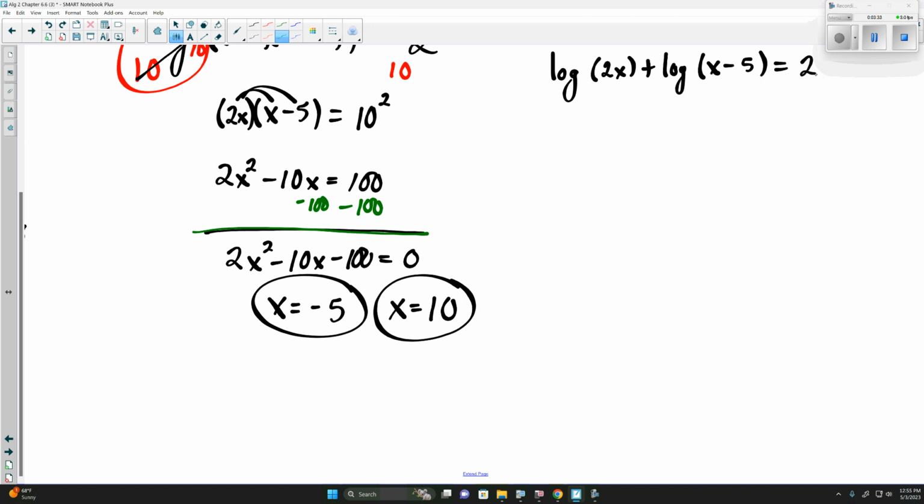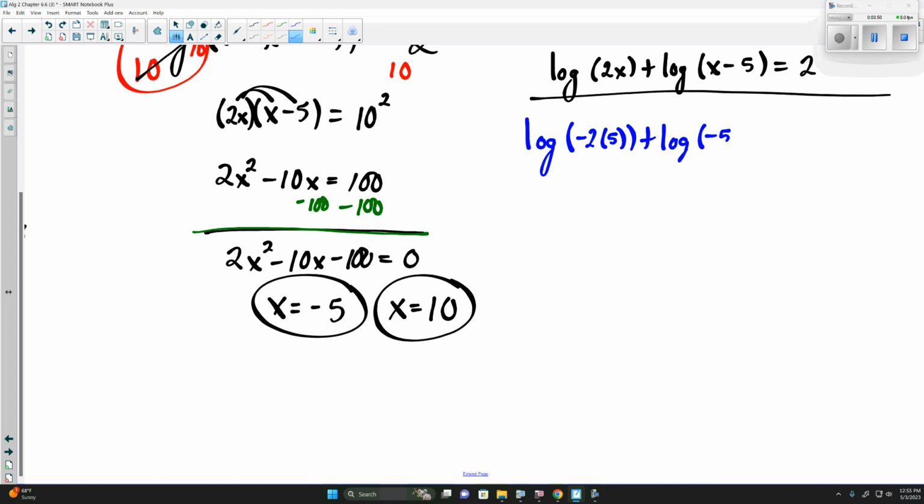Now we do need to plug them back in to check to see if either one of these is an extraneous solution. It does not work in the original problem. Now the first one we can try plugging in is negative 5. So we'd have log of negative 2 times 5 plus log of negative 5 minus 5 equals 2.